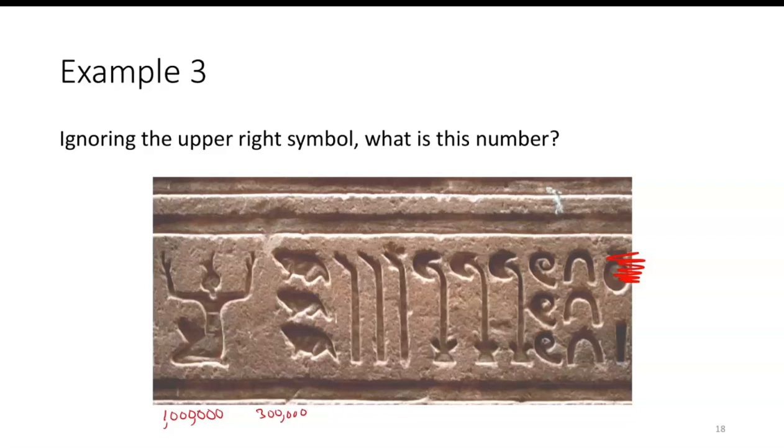Here you have the 3 pointing fingers, so that's 30,000. 3 lotus flowers. 3 coiled ropes. 3 heel bones, and then 1 stick. So it looks like this is 1,333,331. And I think that symbol in the upper right just represents the number of days. Not sure of the context.